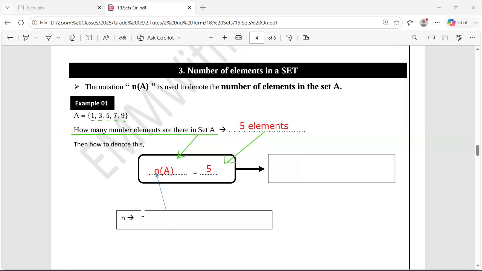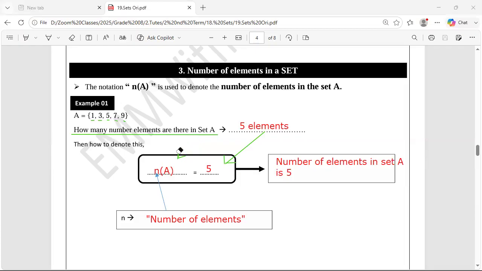So N stands for number of elements. Then this total thing means the number of elements in set A is 5. This is the thing you need to understand.